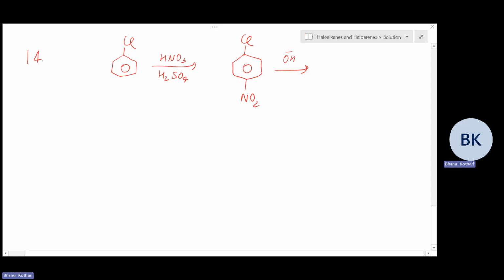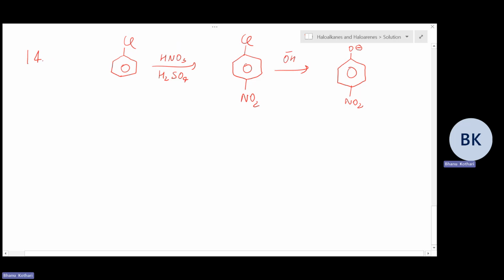OH minus will replace Cl and we will get para-nitrophenol. After which, this para-nitrophenol will be deprotonated also. This O minus phenoxide ion will be formed, para-nitrophenoxide.